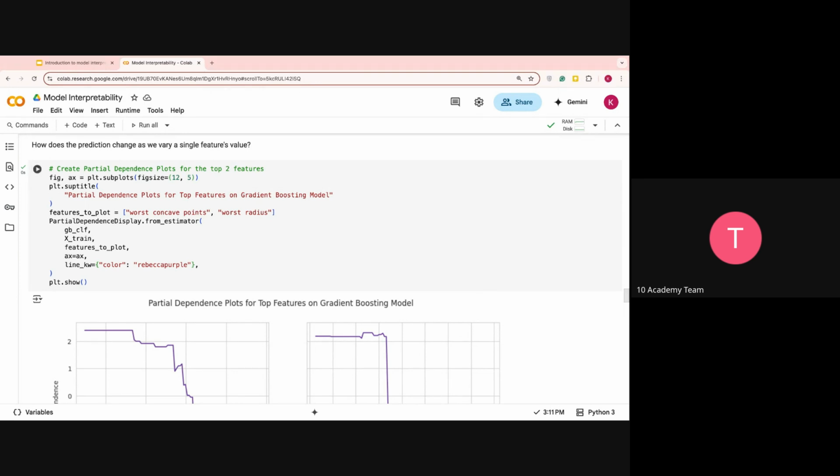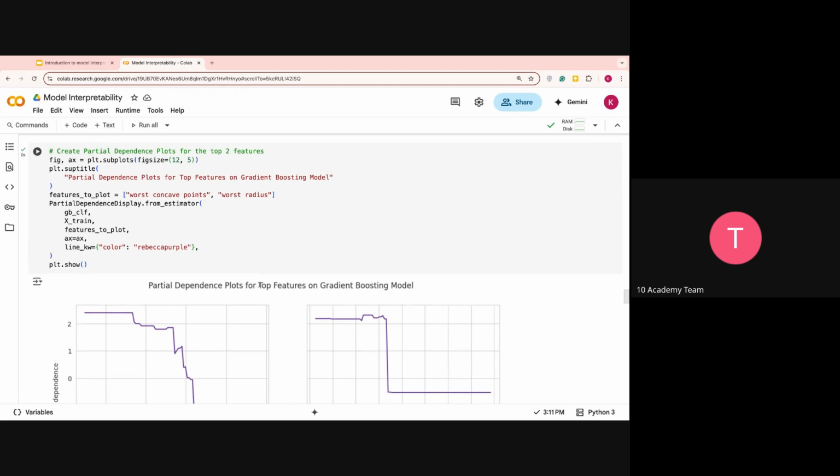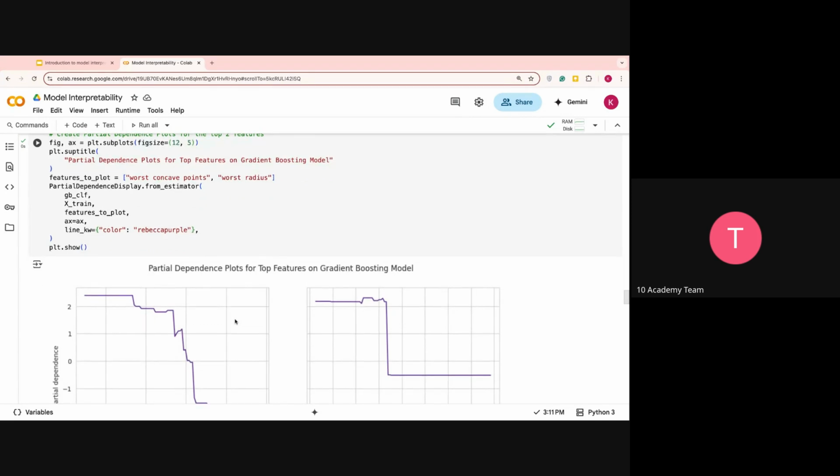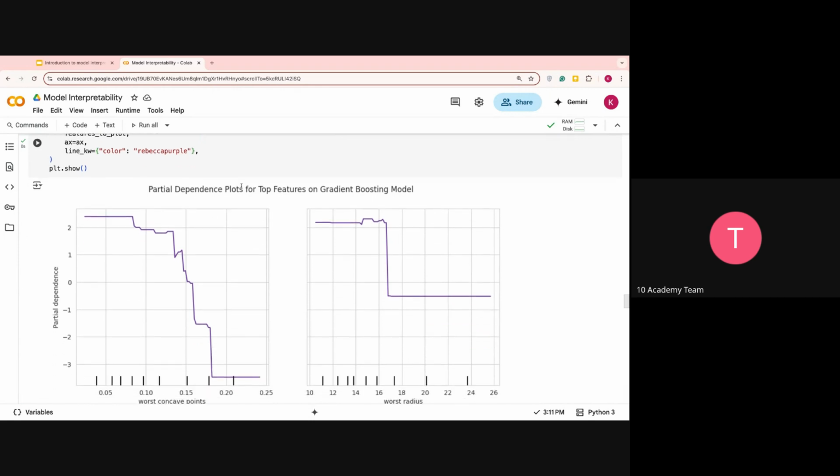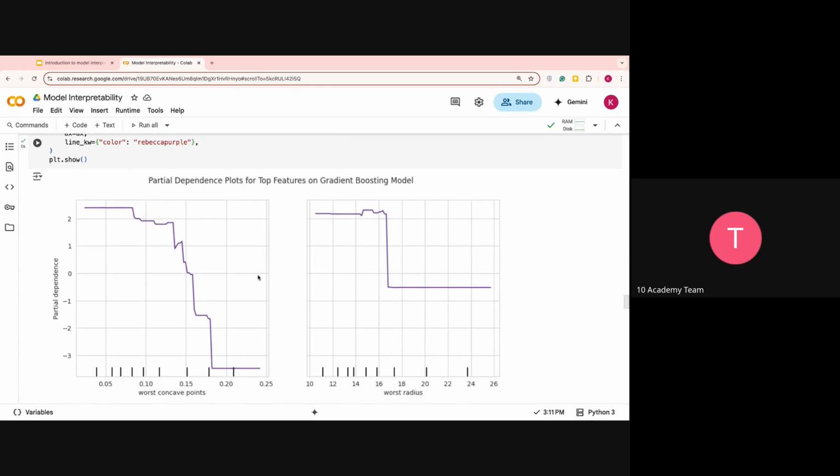Okay, yeah, so here you can see that by changing two features, the worst concave point and the worst radius, the large features, we can see what kind of effect they have.